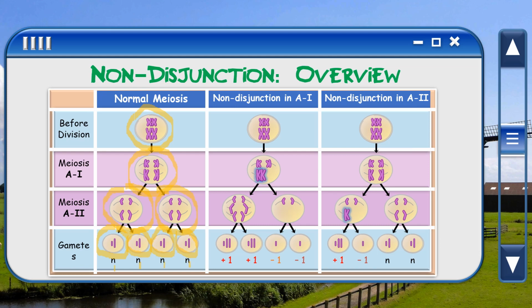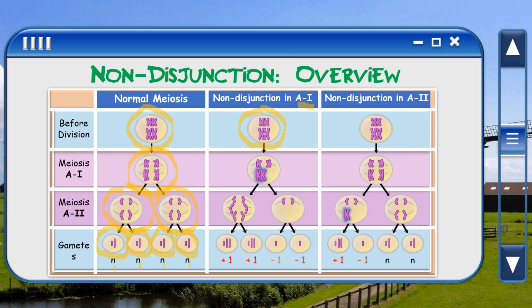Then we go to part 2, non-disjunction, and this one is taking place in anaphase 1. Before division, we have our homologous chromosomes aligning themselves together.